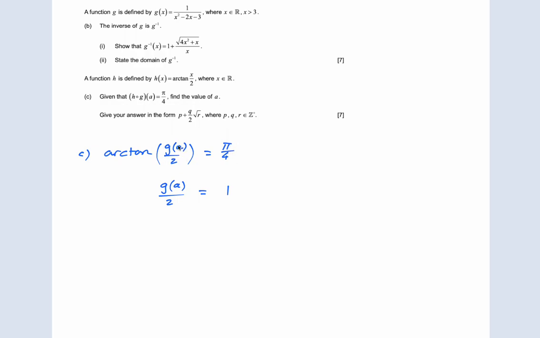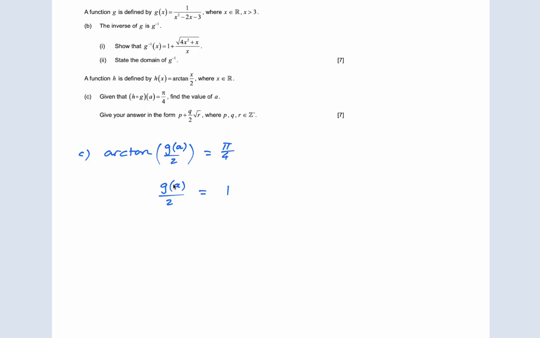So arctan of 1 is pi over 4. Okay, so before we go any further, guys, make sure you're clear on why this is the case. Then once you have this, the rest of it, well, it's certainly not easy, but it's not overly difficult.